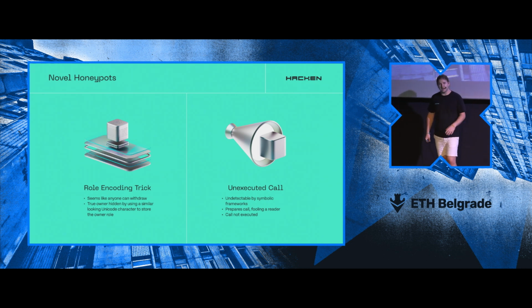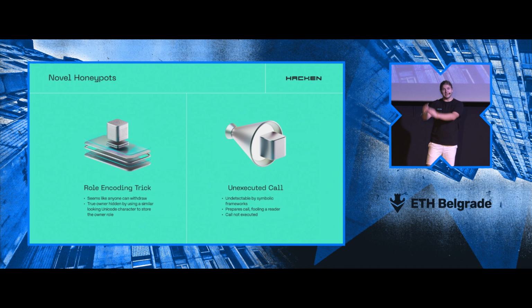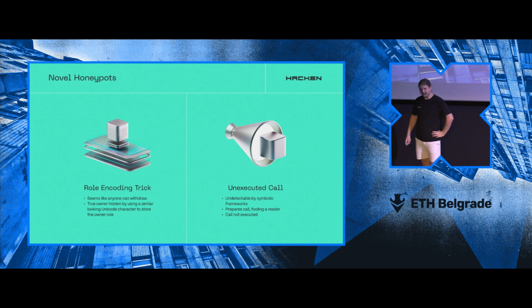And then there's an unexecuted call, which was like, imagine if you didn't put parentheses at the end of a function, and it was just a reference, and the compiler removes it anyway. Yeah, imagine if that was an exploit. Like, I mean, these are sort of esoteric and creative, not really effective. But they work.